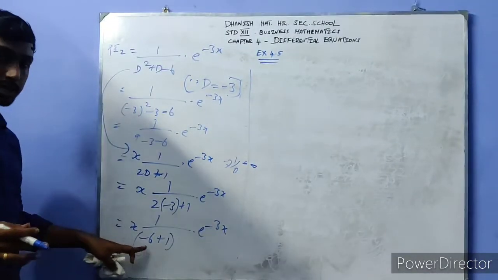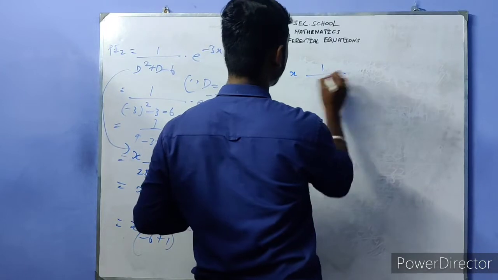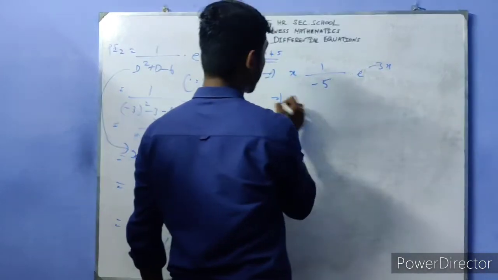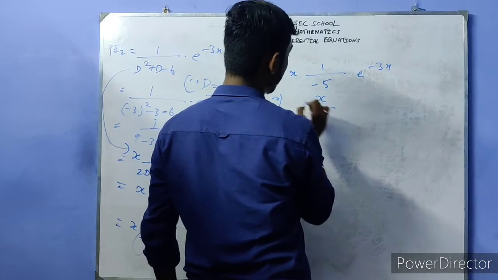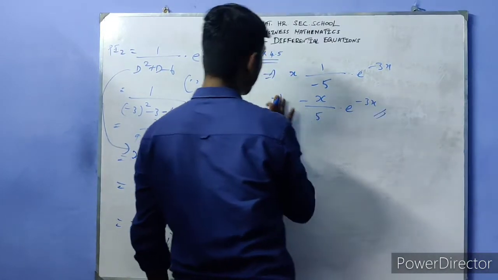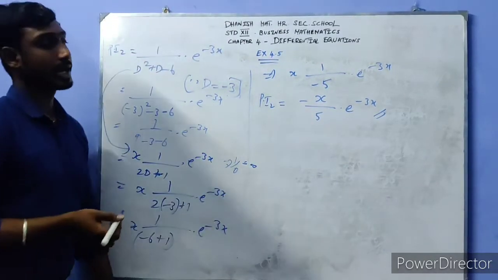So here minus 6 plus 1 will be minus 5, so x into 1 divided by minus 5, e power of minus 3x. You will write it like this: minus x divided by 5, e power of minus 3x. That is the PI2 value.